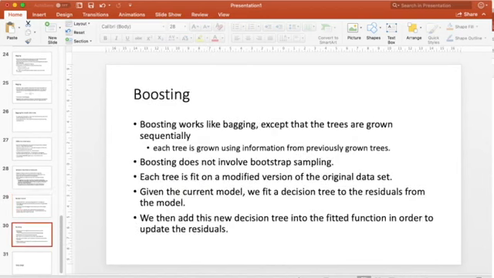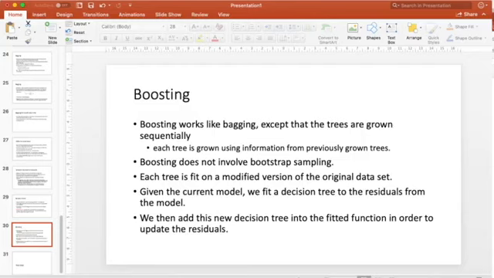The last technique that we're going to talk about is boosting. Boosting works like bagging, except that the trees are grown sequentially. Each tree is grown using information from previously grown trees. Boosting does not involve bootstrap sampling.